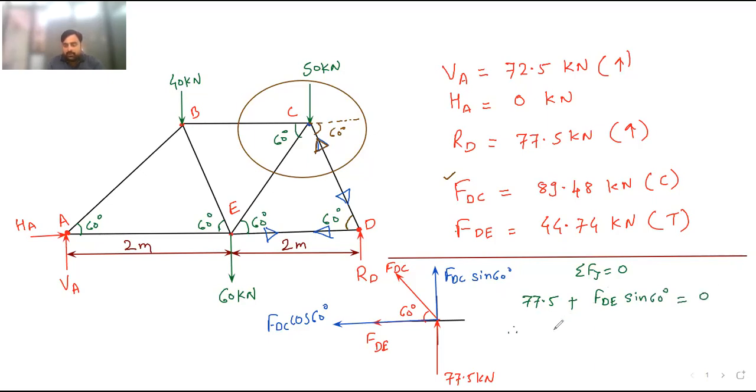So when you solve this, the value of FDE will be minus 89.49 kilonewton. So minus means it is not tensile, it is compressive. So your final answer is FDE is equal to 89.48 kilonewton compressive. Up to this point, I think you don't have any problem.